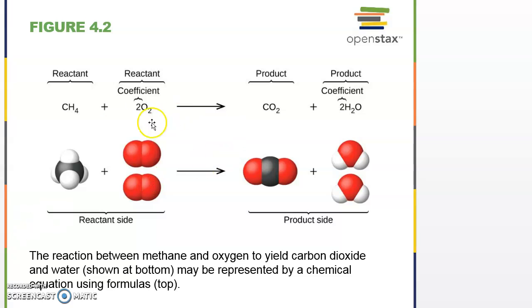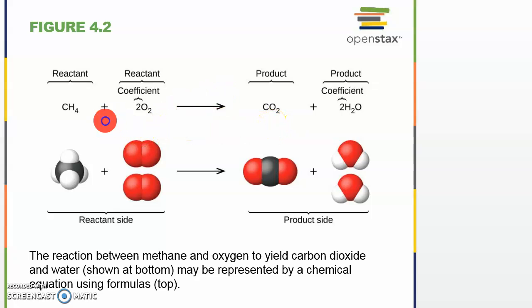So what you see over here on the left side, you see the substances undergoing the reaction, and they are called reactants. And on the right side, you see substances that are generated by the reaction, and they are called products.